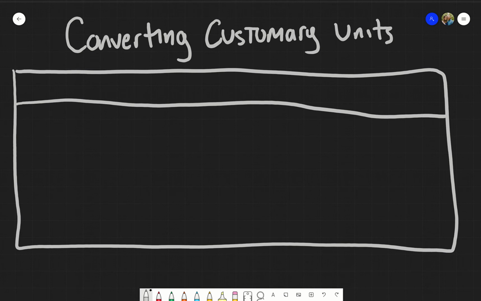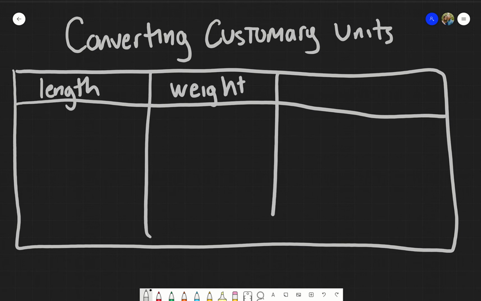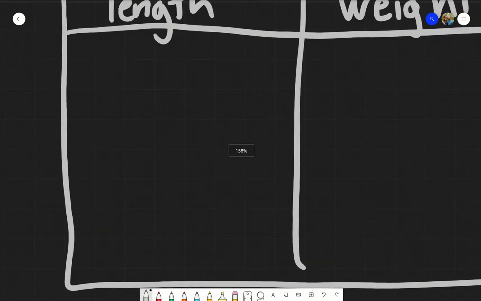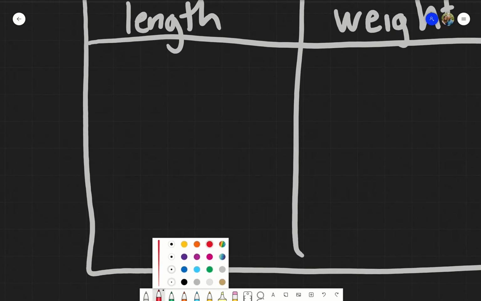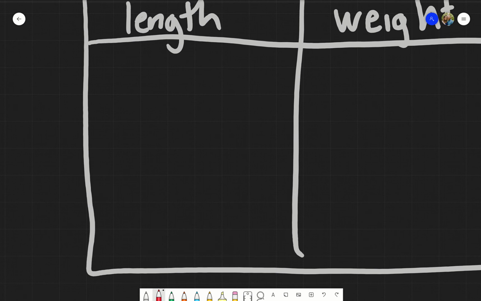There are three: length, weight, and capacity. Now, I'm going to zoom into each of these so we can spend a little bit of in-depth time focusing on the different measurements here. So, here are some common conversions that we should know.